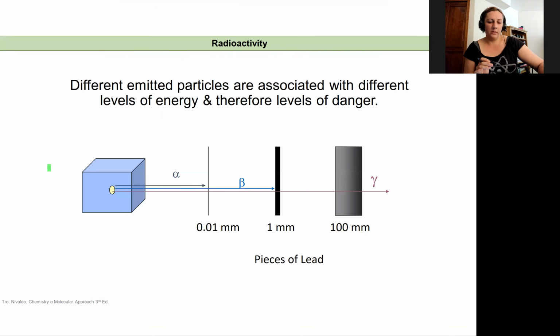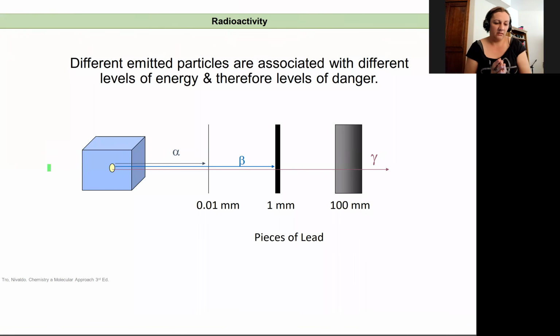And so in general with radioactivity, we see that these different particles that can be emitted or different amounts of energy will have different levels of danger because they will have more or less energy relative to one another. And so some of them won't be able to penetrate a 0.01 millimeter piece of lead, and others will be able to go through 100 millimeters of lead.